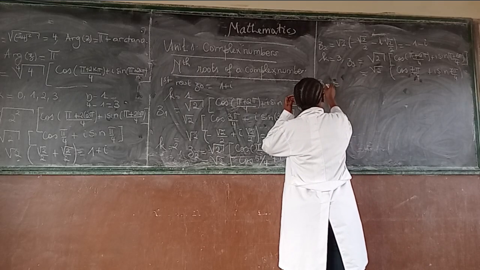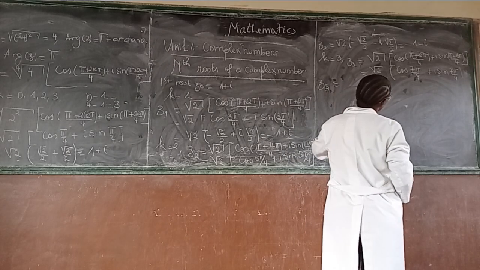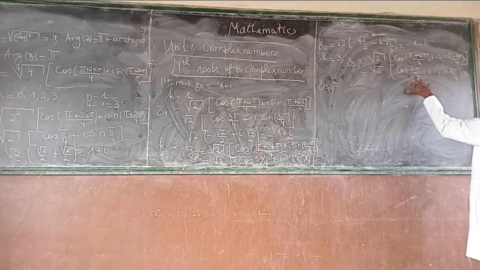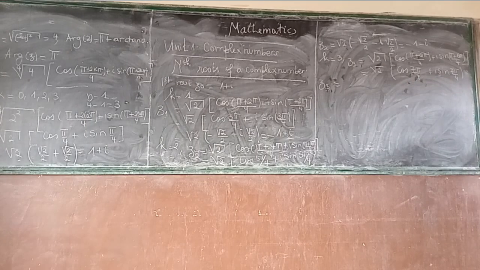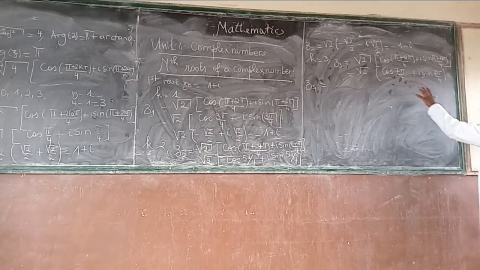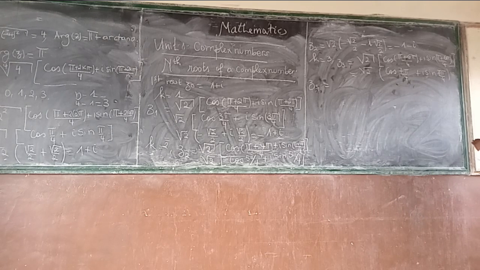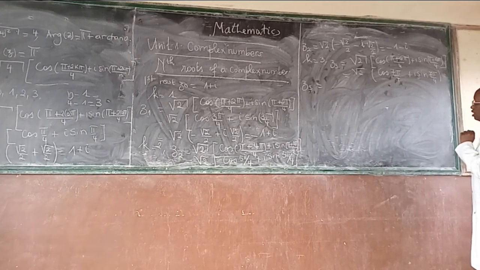So which means our z3, the index is 3 because k is equal to 3. The angle is 7 pi over 4, and this angle is found in the fourth quadrant. So cosine is positive while sine is negative.